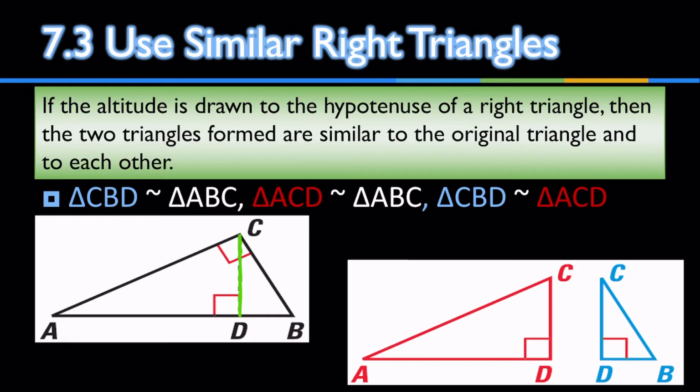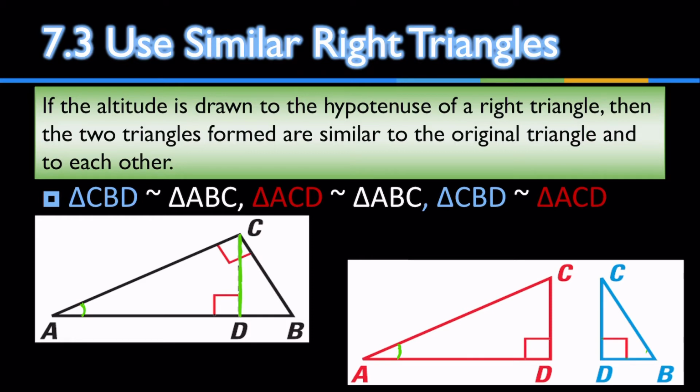The medium-sized one on the left is similar to the original triangle. And the two smaller triangles are similar to each other. Why is that? It's from the AA similarity, because they all have a right angle. And angle A is congruent to angle A, so the red one there is similar to the big one, sorry.